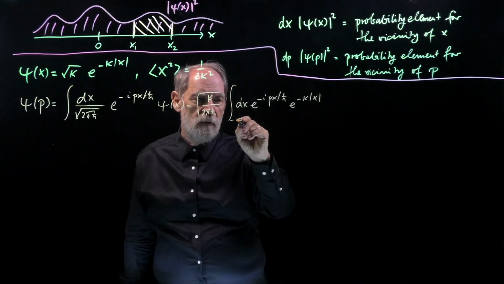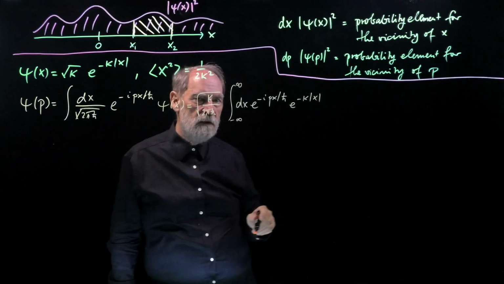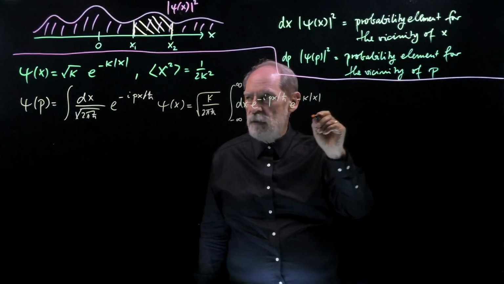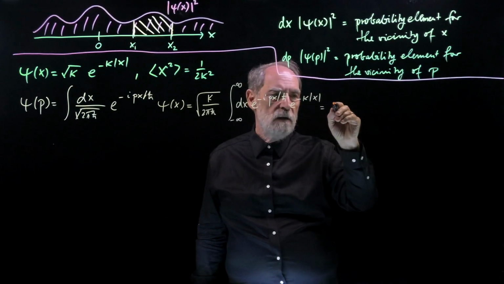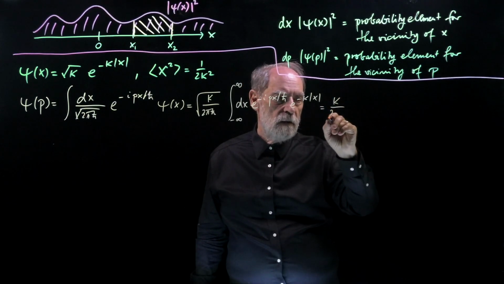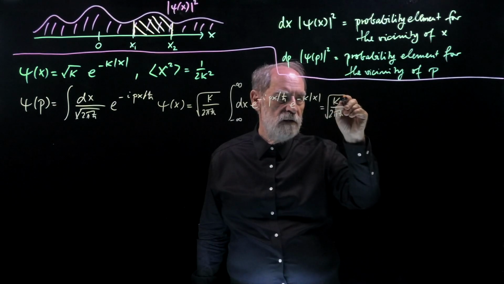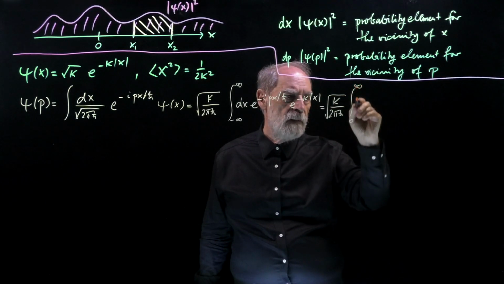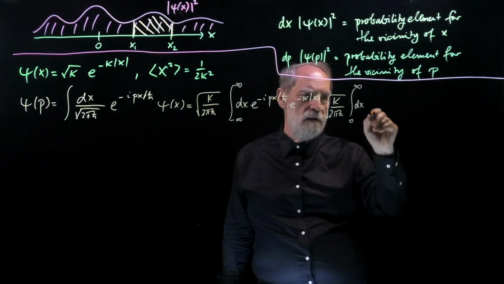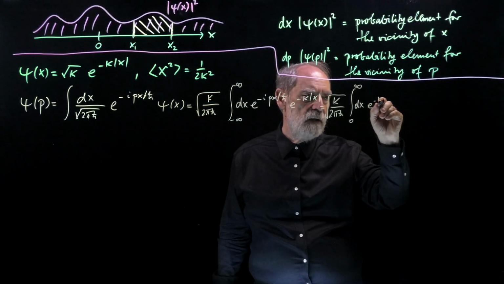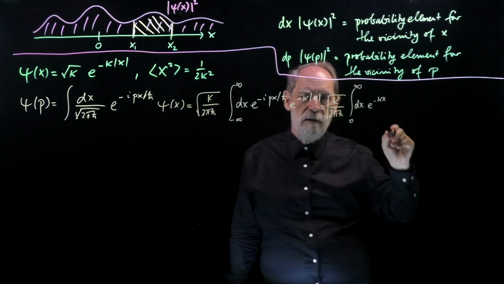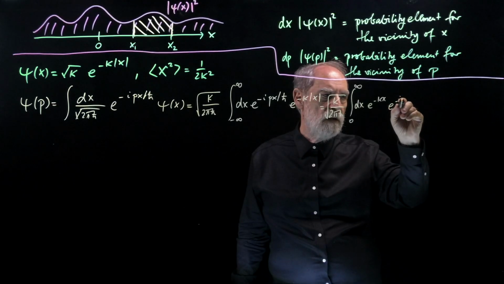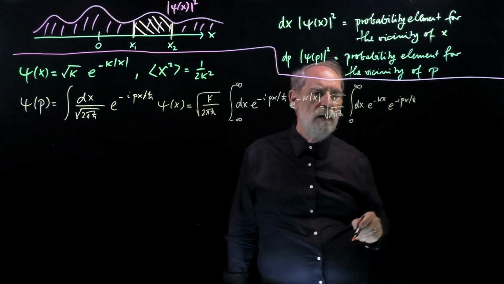This is an integral from minus infinity to infinity, which we break up into two pieces, namely integrating over the positive x values, in which case we have e to the minus kappa x and e to the minus i px divided by h bar.